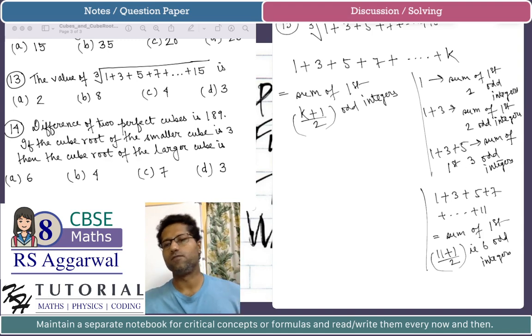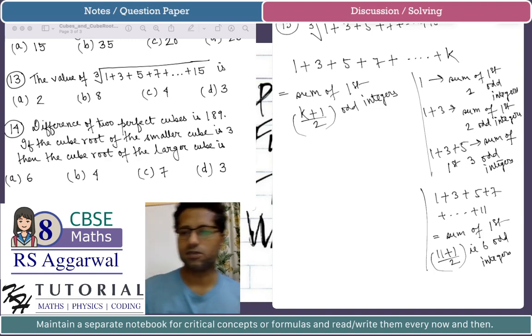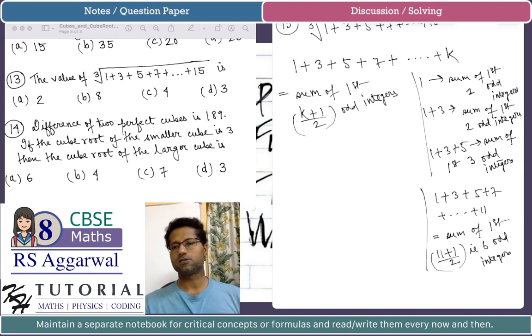If you count how many consecutive odd integers there are from 1 to 11, you will find there are 6, and the 6 comes from the last odd positive integer, which is 11. So 11 plus 1 by 2 is 6.